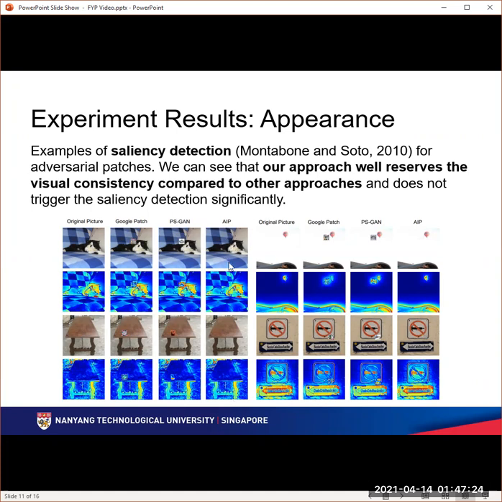You can see that our approach well preserves the semantic saliency and the visual consistency compared to the other approaches, which can be very easily detected by the saliency detection. But if you see our approach, our patch is not that conspicuous under the saliency detection, and all the other examples show the same situation.